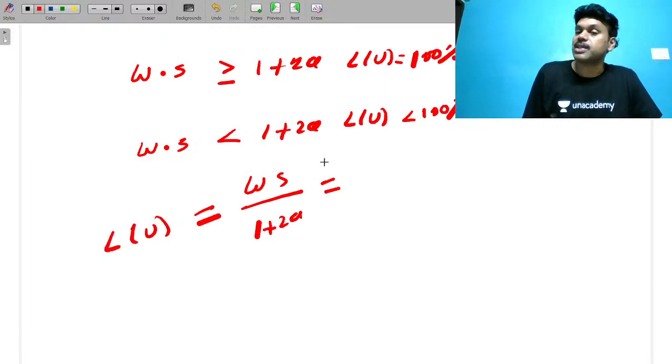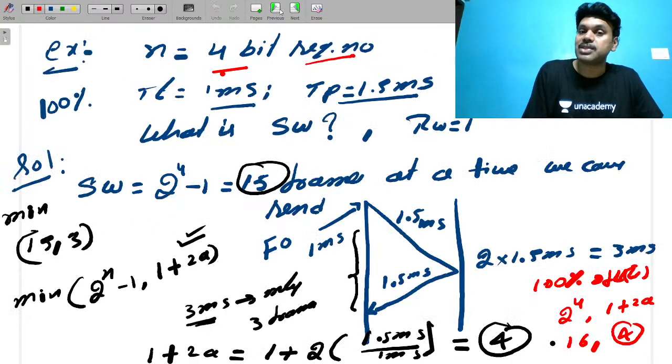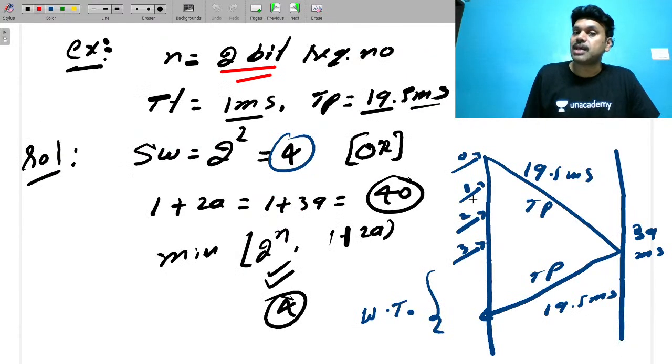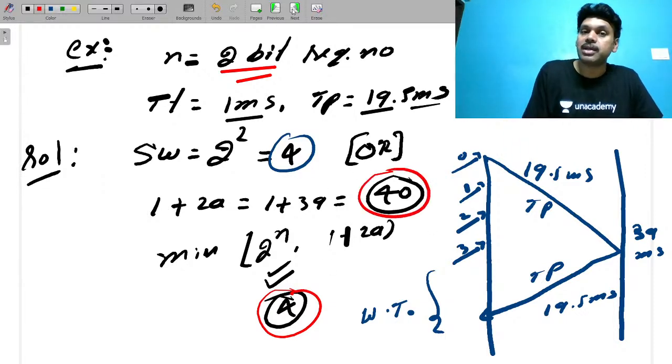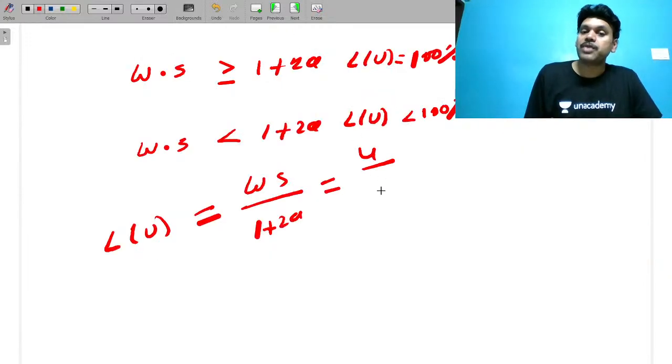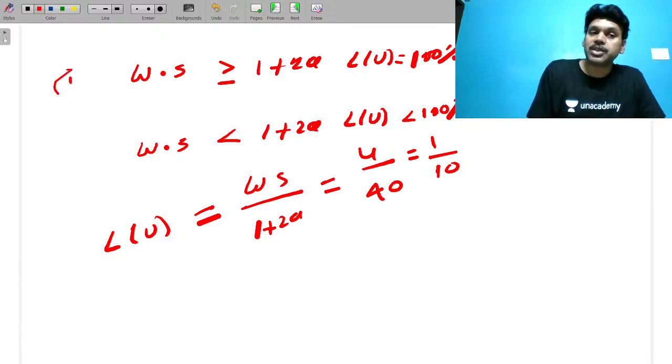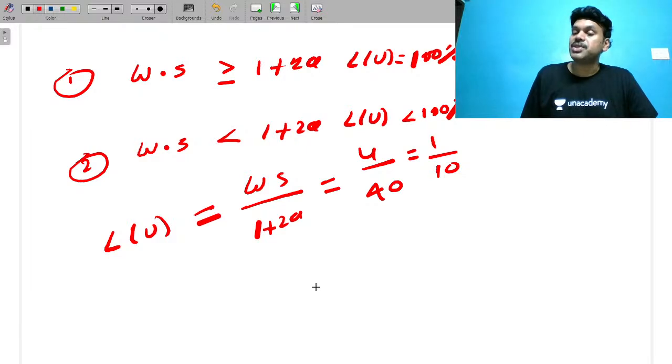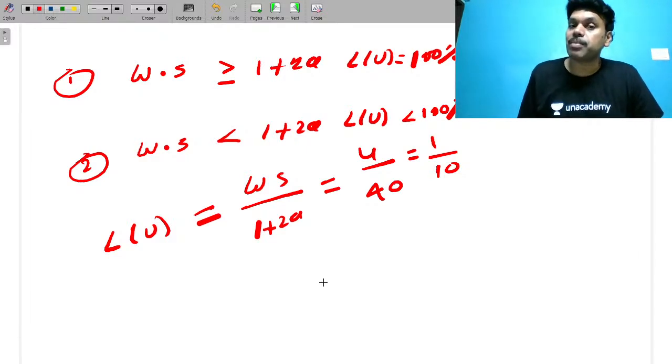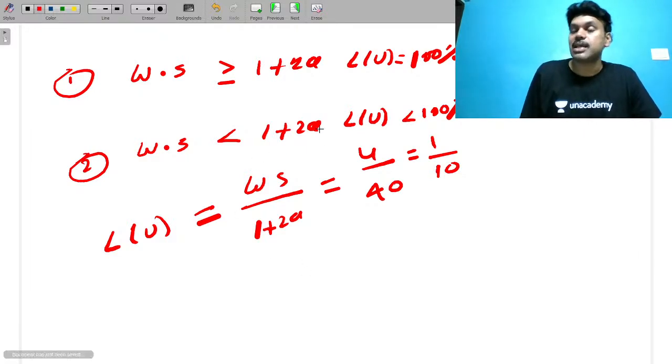According to the previous example, my window size is 4, but you got the acknowledgement at 40. So your answer is 4 by 40 as your efficiency, which is nothing but 1 by 10. Here you got 100% efficiency. Here efficiency is lesser, which is 1 by 10, because your window size is less than 1 plus 2a.